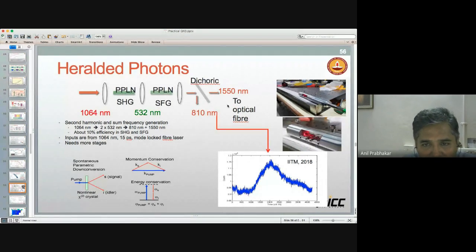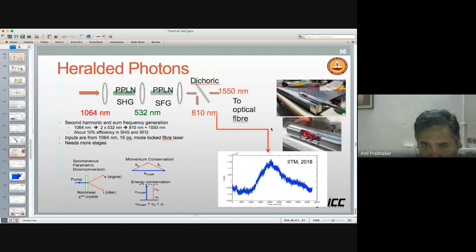So in this experiment, we pumped it with 1 micron light through what is known as a second harmonic generation, which is a 532 nanometer, and then to a sum frequency generation crystal, which gives me 810 nanometers and 1550 nanometers. Why is this useful? Because 810 nanometers works in free space and 1550 nanometers works in fiber. So I could technically set up a hybrid experiment where I'm looking at how photons behave at 2 different wavelengths.